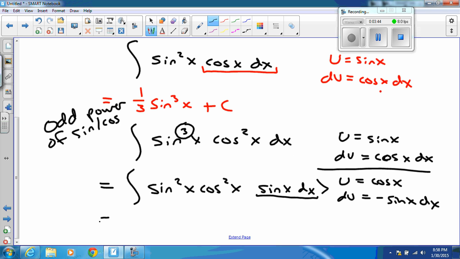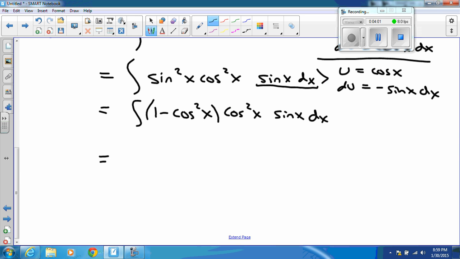So there's my du, except for the negative 1, of course. And then as a second step, I can take even powers of sine and rewrite them using the Pythagorean identity. Because sine squared is 1 minus cosine squared, I now have this integral right here.